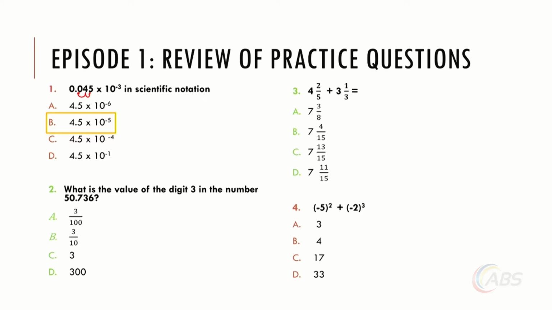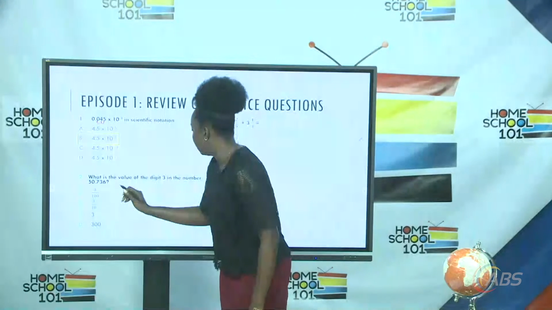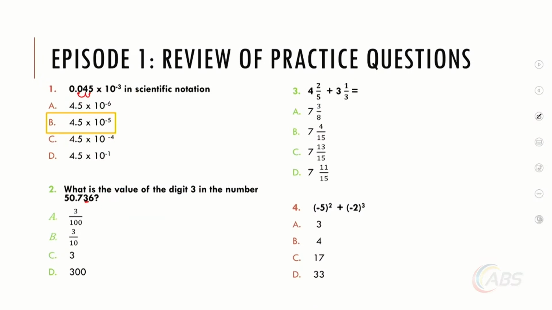Question 2. What is the value of the digit 3 in the number 50.736? So we'll just find that digit, and that's the 3. We'll notice that it's a decimal number, and so the 0 would be in the ones place, the 5 would be in the tens place.